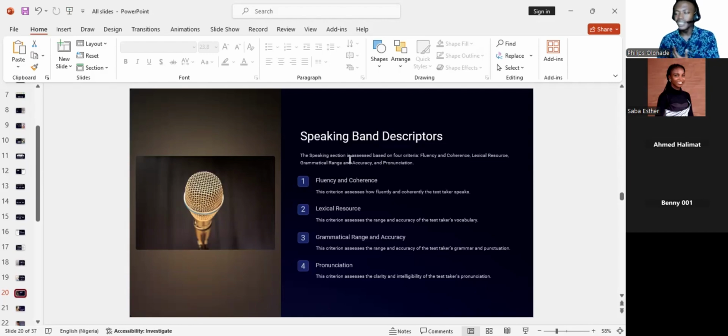For instance, let's say your examiner says, what do you think about Nigeria's election? You can say, I'm of the opinion that the Nigerian election is like beating a dead horse. This is because I believe it's a futile process which would definitely be rigged. So I used an idiom there.